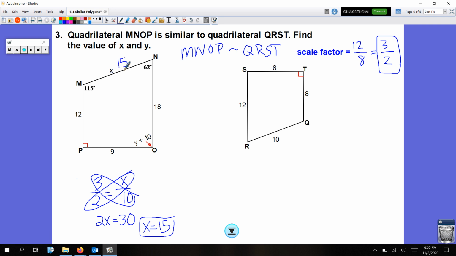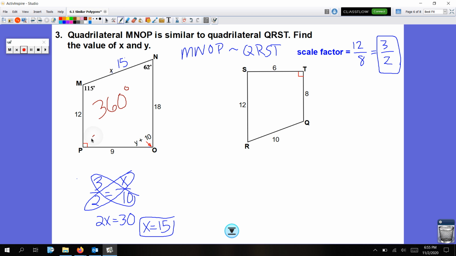I'm going to do the same thing for y, oh, actually, I can't do the same thing for y because that is talking about an angle, okay? Remember, the angles don't get bigger or smaller depending on the size of the shape. They always remain the same measure in degrees. So a little fun fact you need to know is the interior sum of a quadrilateral is 360 degrees, okay?